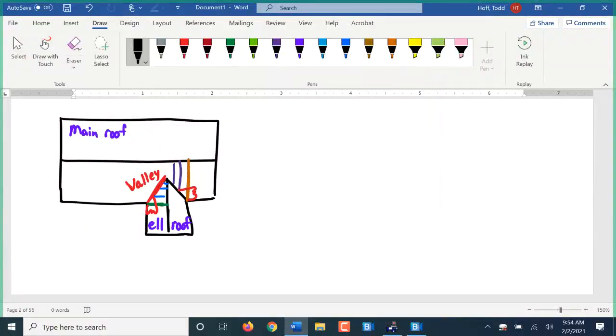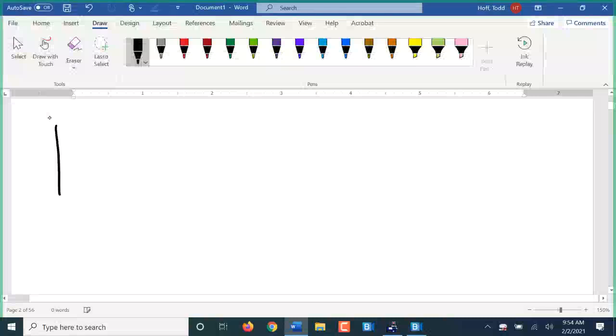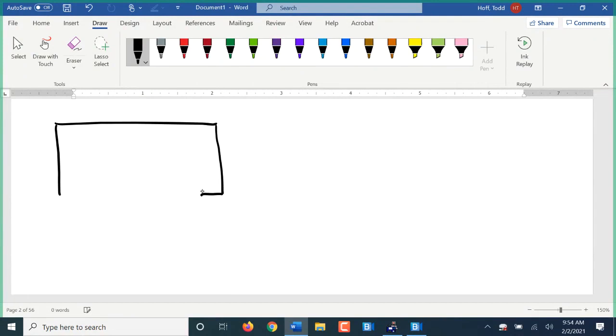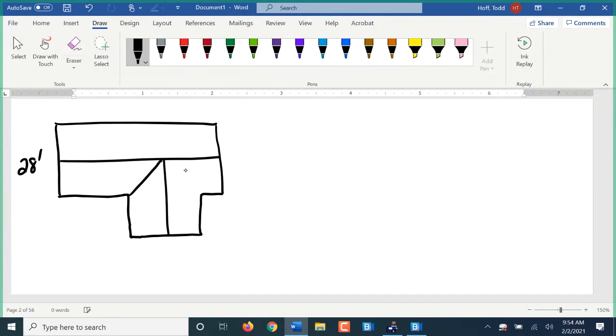So let's look at an example here, and I want to make it as simple as possible. Let's make this a 28-foot main roof with a 28-foot L, and we'll call this a 6/12 slope over here. Now you might be wondering, what's the slope of the L?